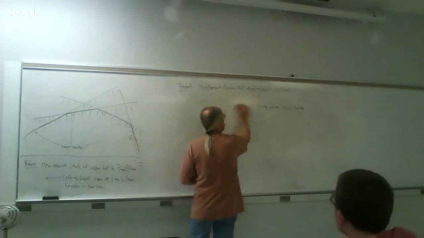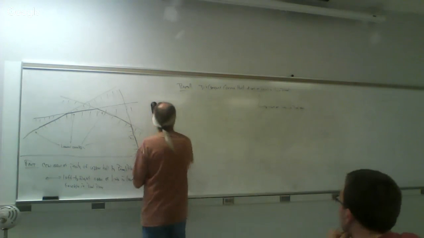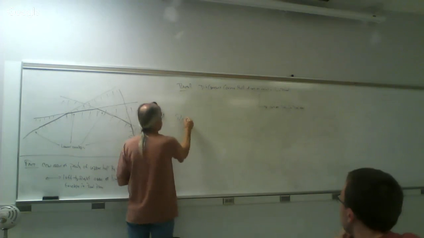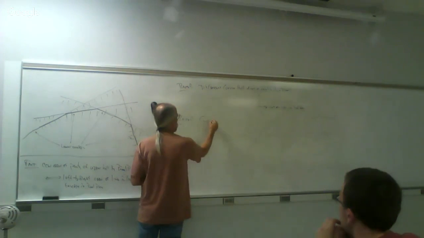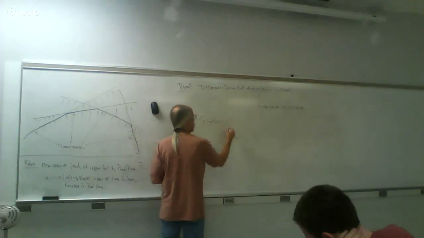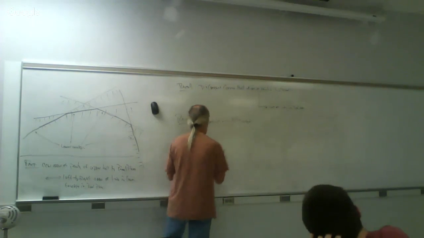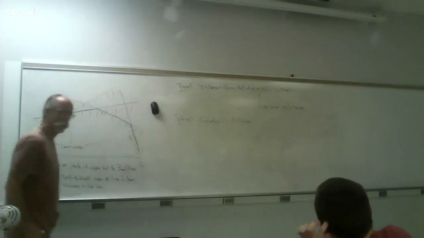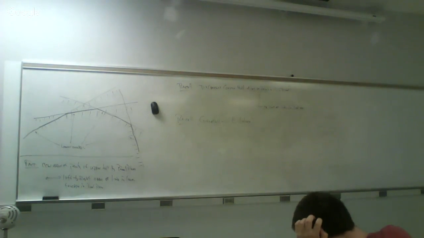The quick hull algorithm, that's when we were talking about it. Quick hull is an n log n algorithm to find the convex hull. So certainly finding the upper hull is also n log n.